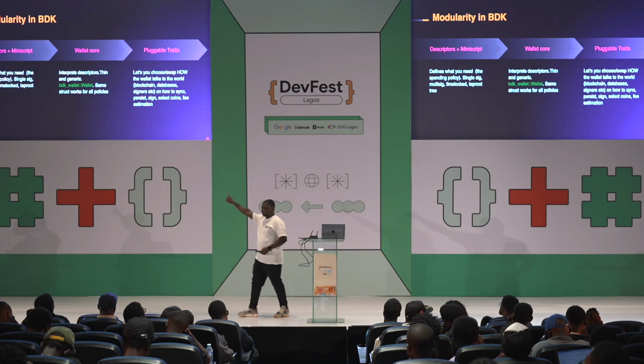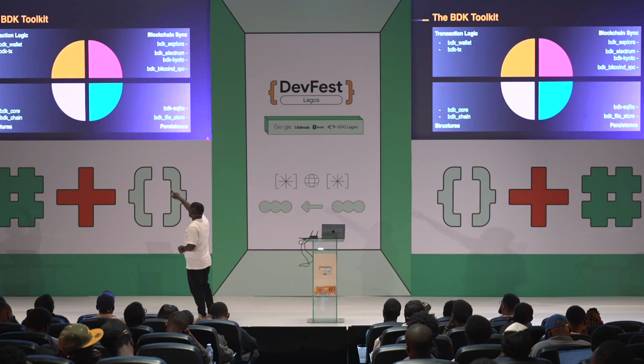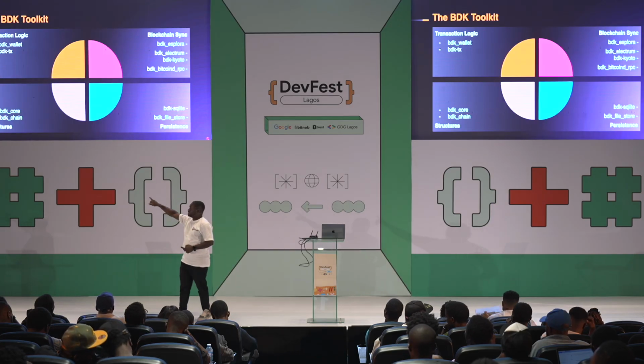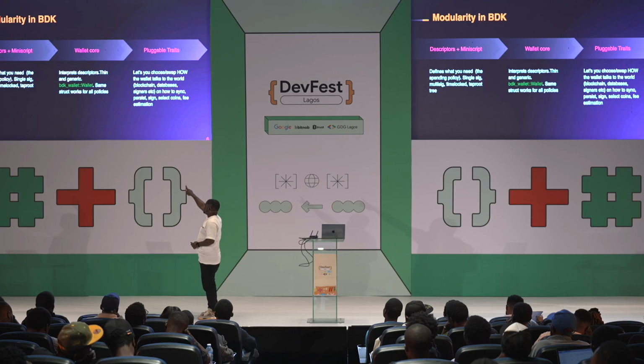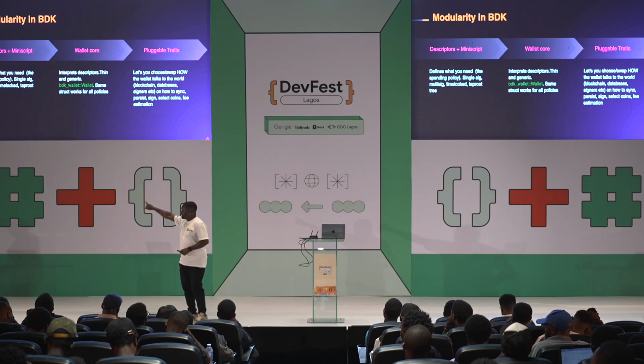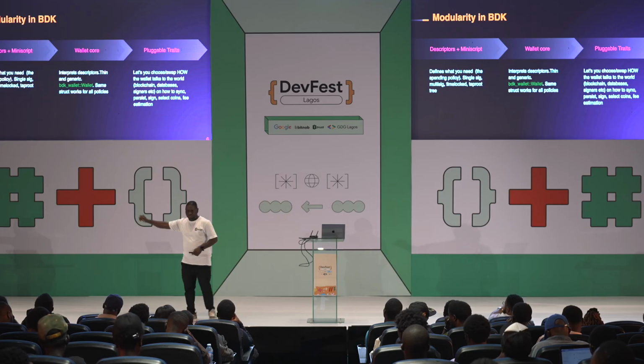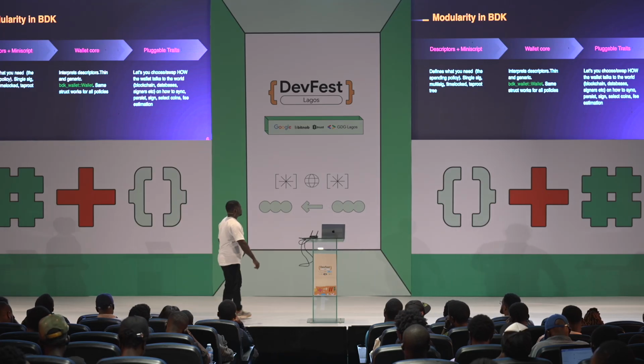From those descriptors, you feed them into what is called a wallet. If you recall, in our previous slide, I talked about the BDK wallet, right? That gives us what is called a wallet type. If you see BDK, I call BDK full coin, and then I say wallet, right?